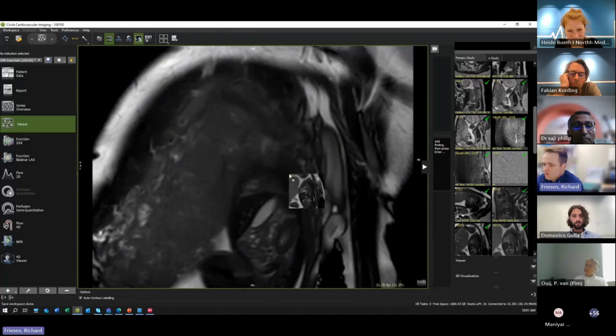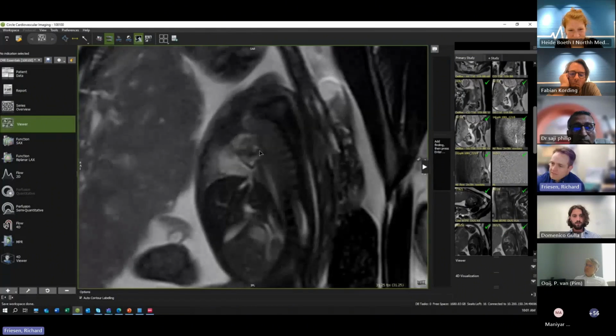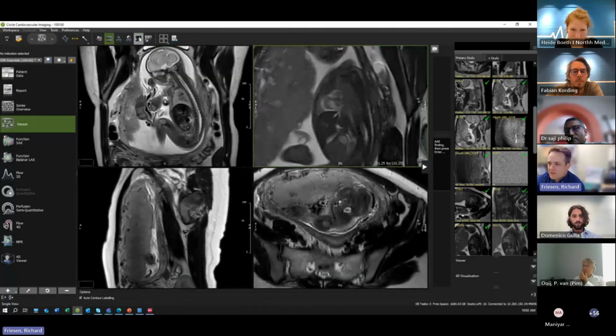So we took one more look at the atrial septum, given the motion artifact, and you can see the really thickened atrial septum. We couldn't clearly rule in or out a very tiny shunt, but this thickened septum, along with the dilated atria and the dilated pulmonary veins, was concerning for a restrictive atrial septum.